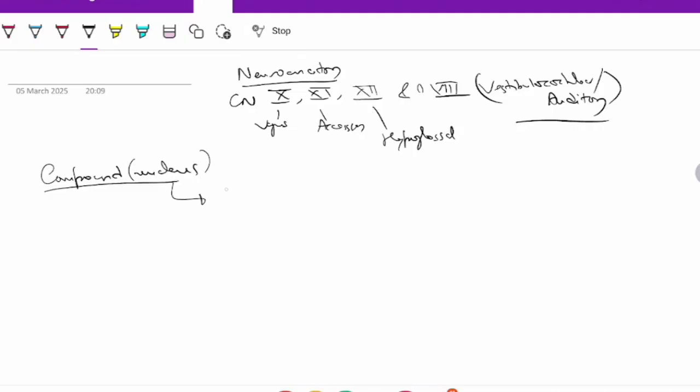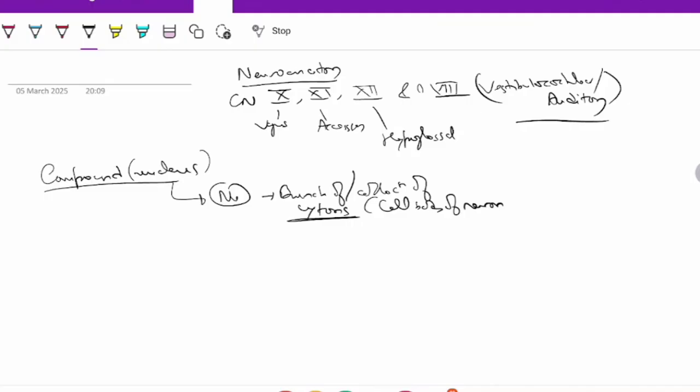From our previous knowledge, a nucleus is nothing but a collection of cytons, that is cell bodies of neurons, in the central nervous system, that is brain and spinal cord. So that is known as a nucleus.